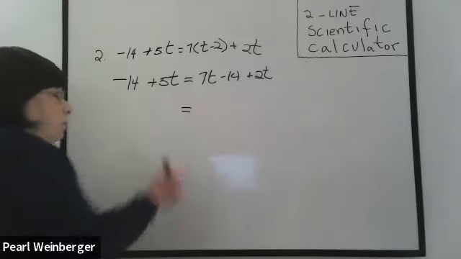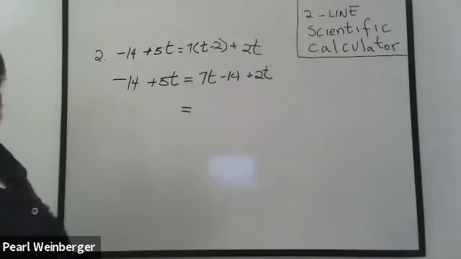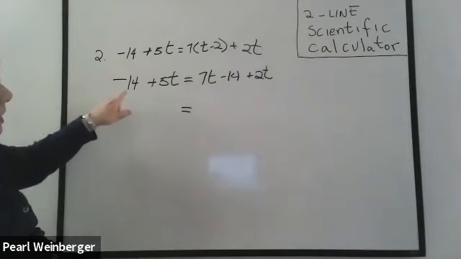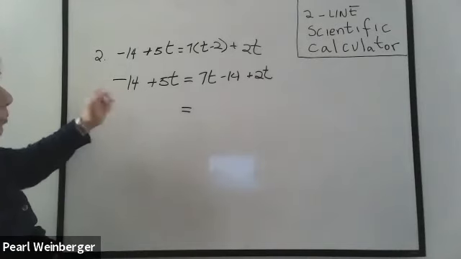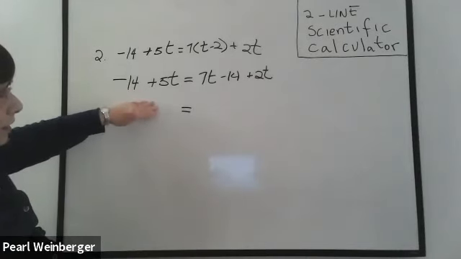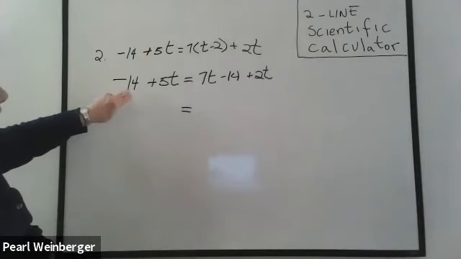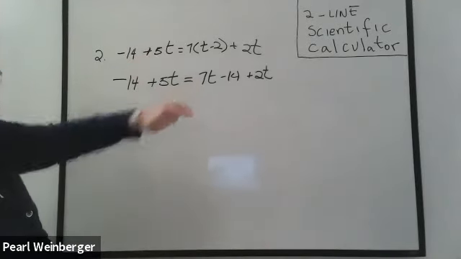Leaving my equal sign where it is, I'm taking each number. This says negative 14, but remember, on this left side I only want to have things with variables next to them. So I don't want this negative 14 over here. I want to bring it to the other side.